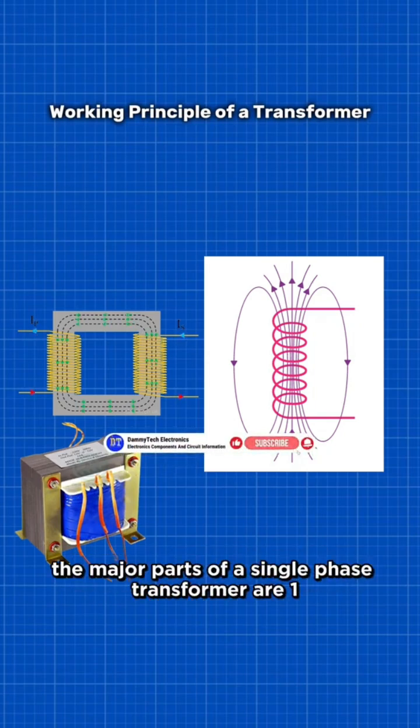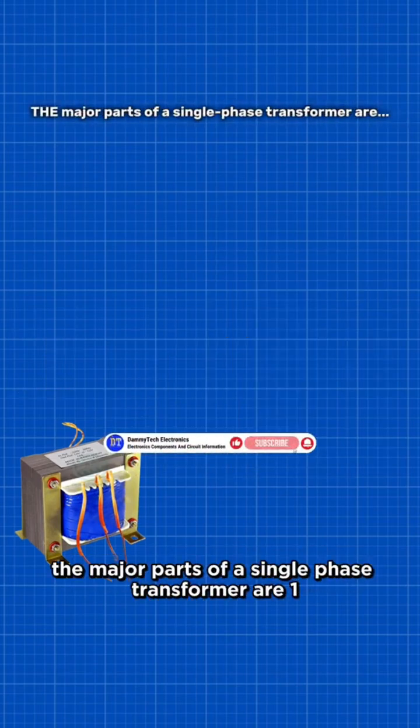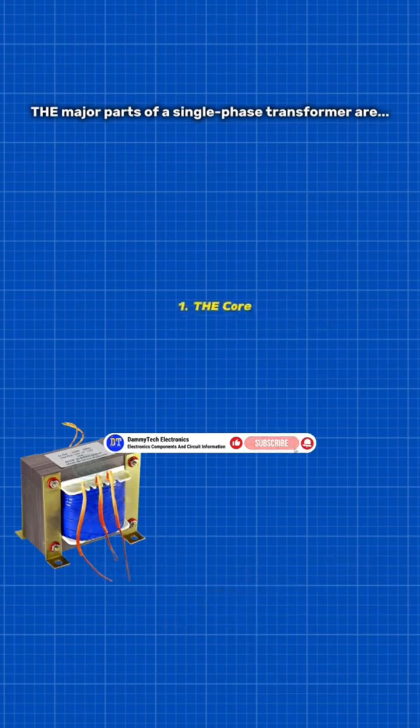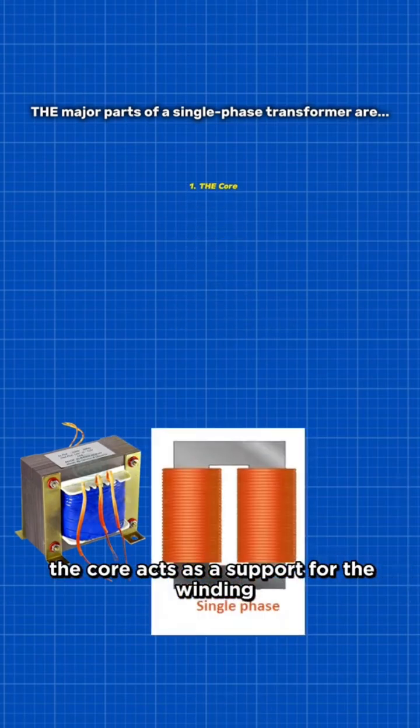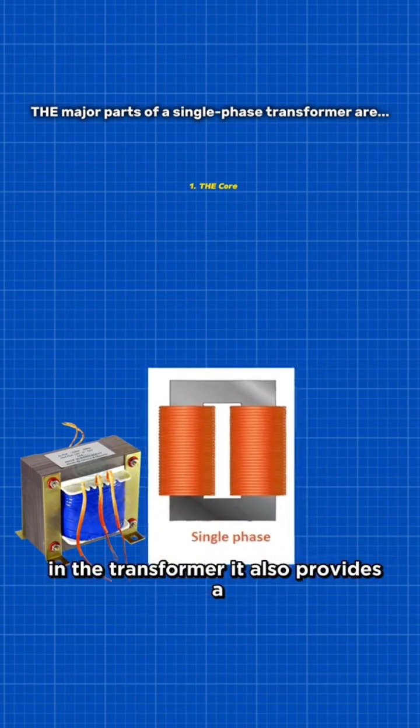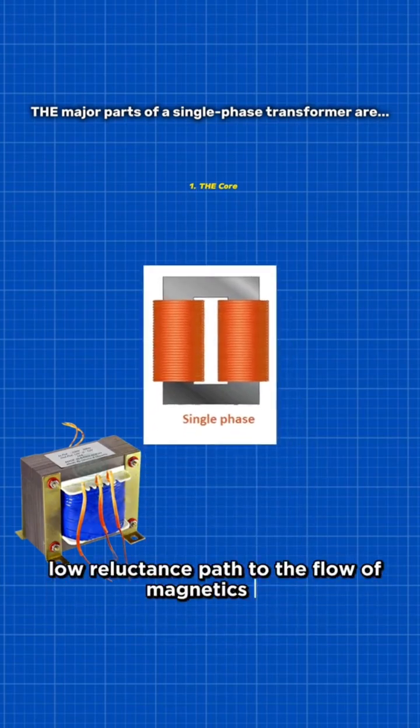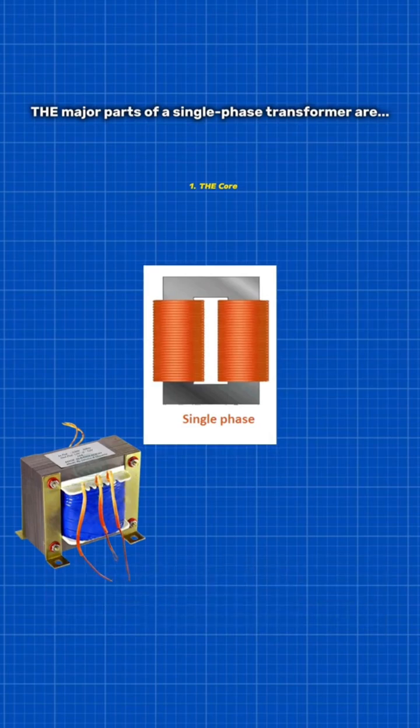The major parts of a single-phase transformer are: 1. The core. The core acts as a support for the winding in the transformer. It also provides a low reluctance path to the flow of magnetic flux. The winding is wound on the core, as shown in the picture.